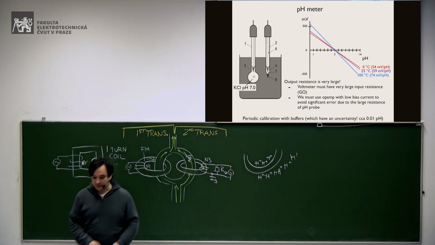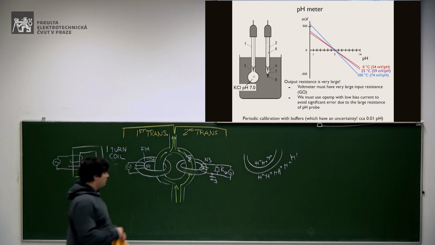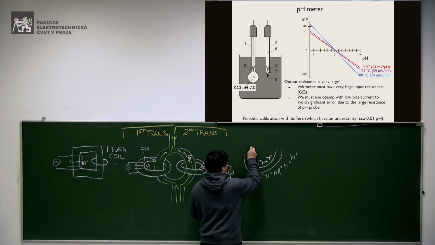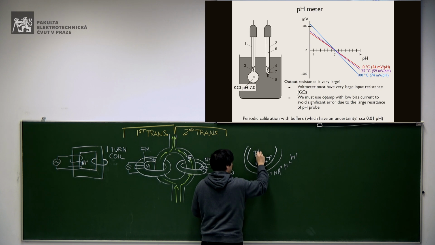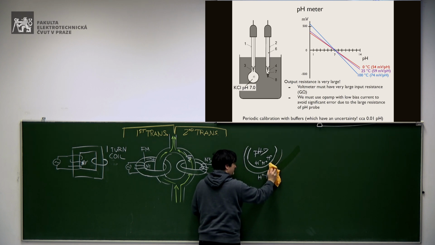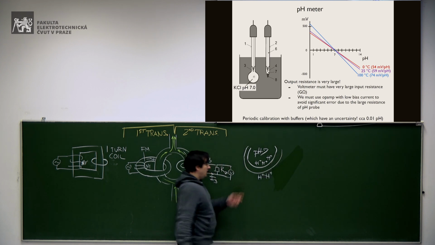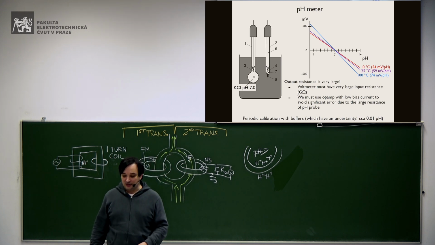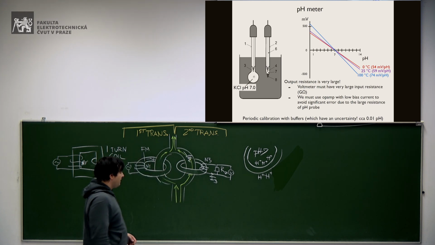If you have less charge, so here you have pH 7. If you have another concentration of hydrogen ions outside, you have another potential, okay?